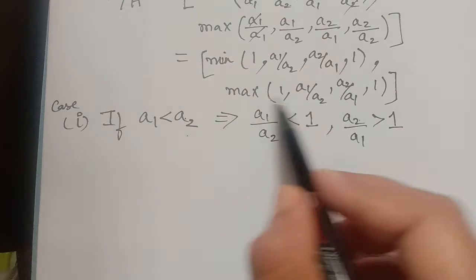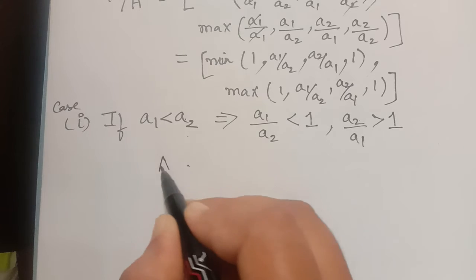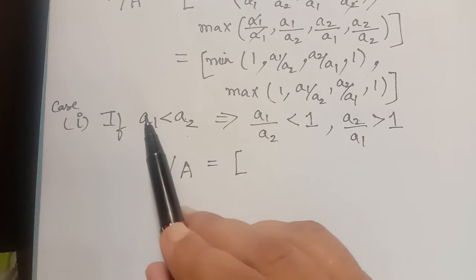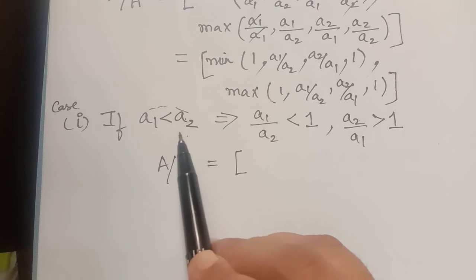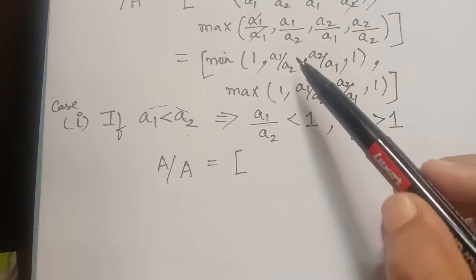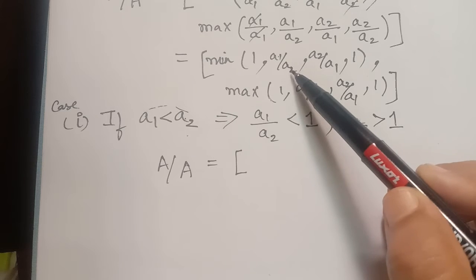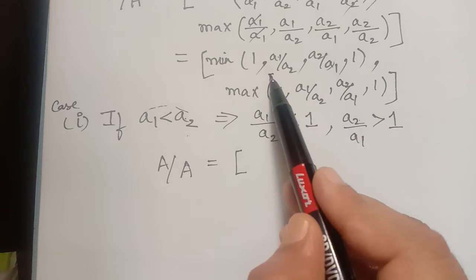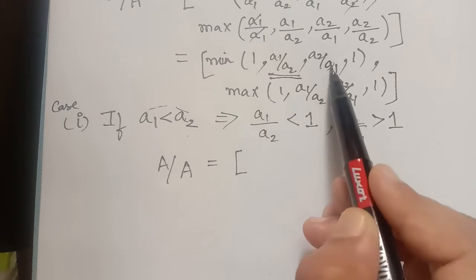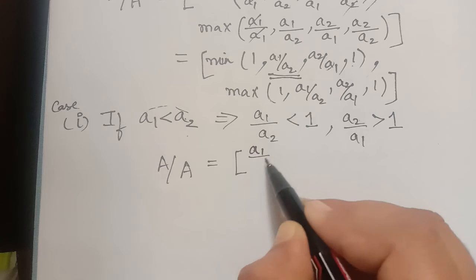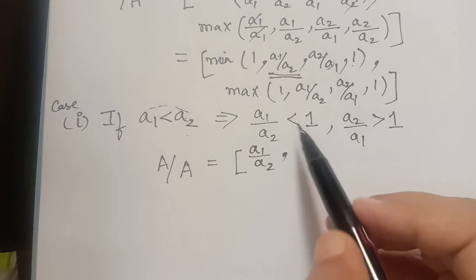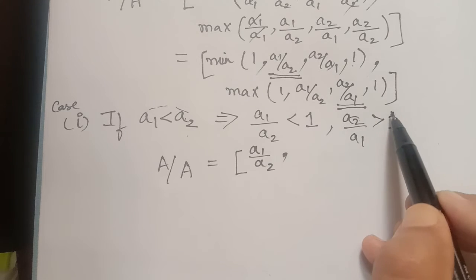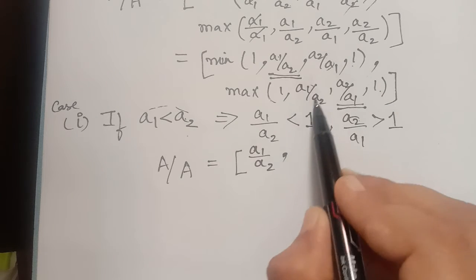Now when we substitute here, what do we get? A divided by A will be equal to, since we have taken a1 lesser than a2, a1 divided by a2 is lesser than 1 and a2 by a1 is greater than 1. So definitely a1 by a2 will be the minimum of all four values, and the maximum of all these four values will be a2 by a1, because this is greater than 1 and the other two values are 1 and this is lesser than 1.